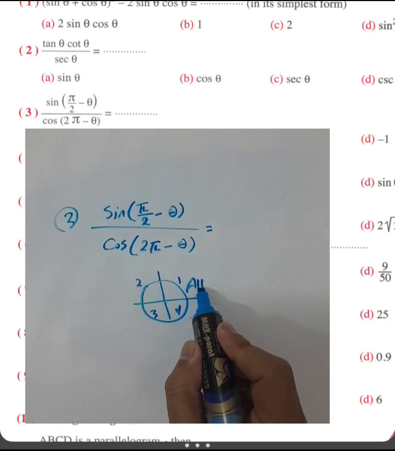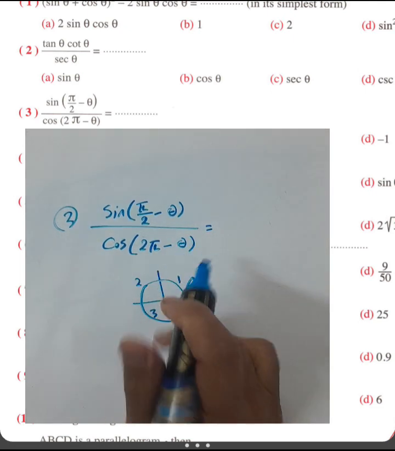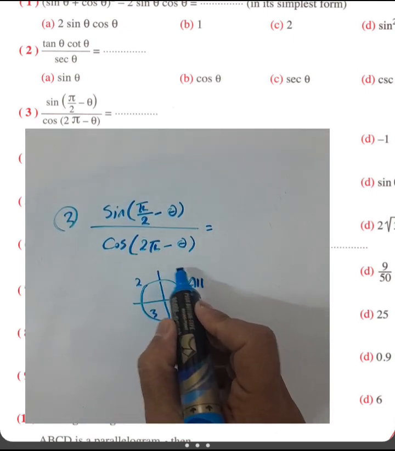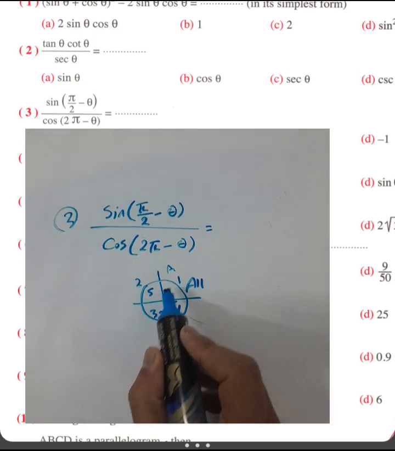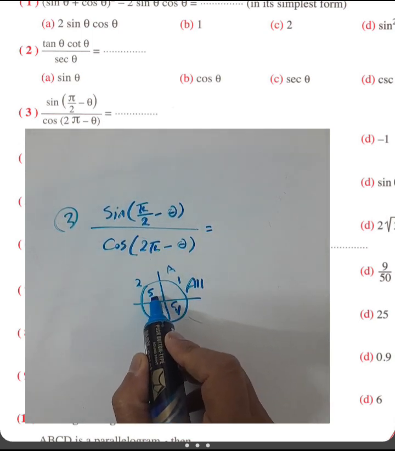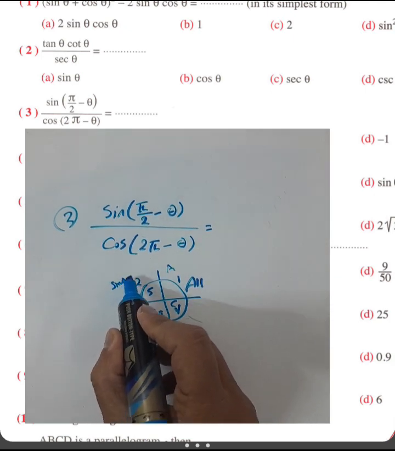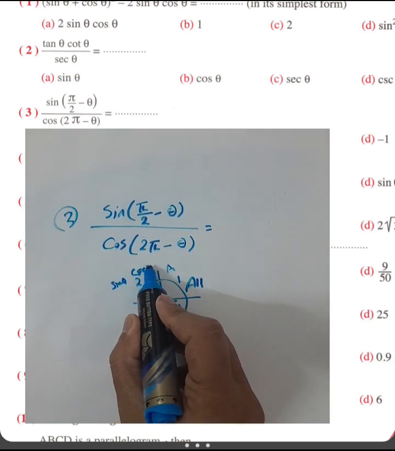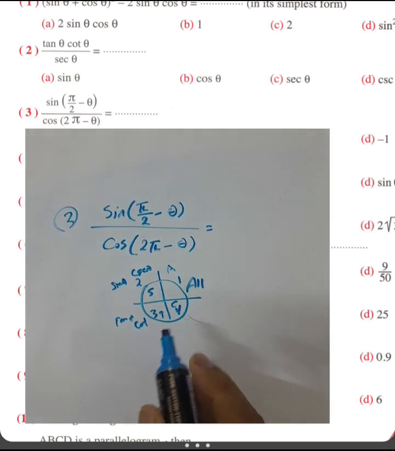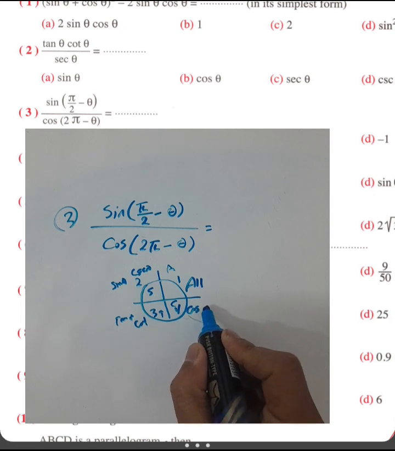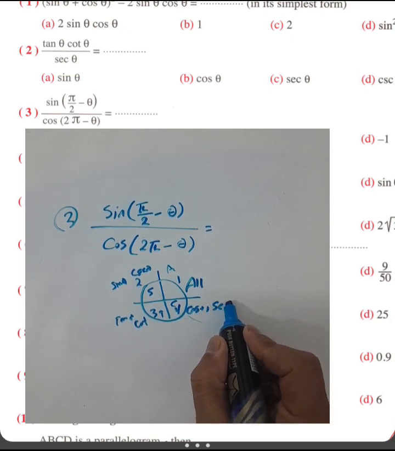All trigonometric functions here are positive. And here we can write the word ASTC. Right here sine theta, and the inverse of sine, it will be cosec theta, positive, and here tan and cotan, and here cosine theta, and the inverse of cosine, it will be sec theta.